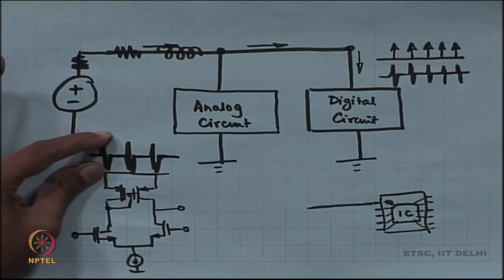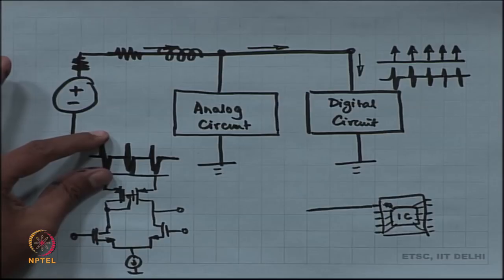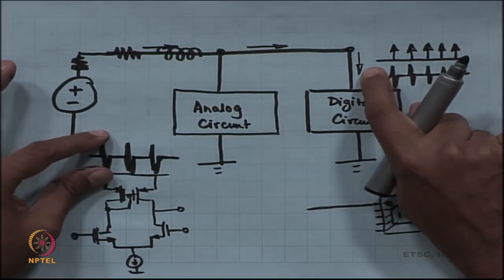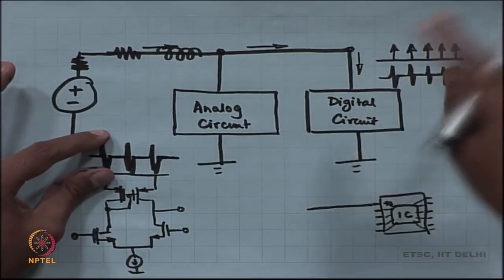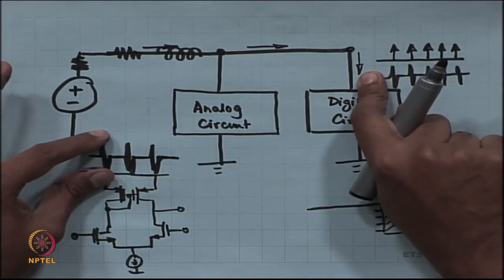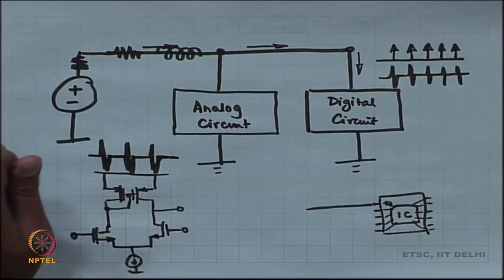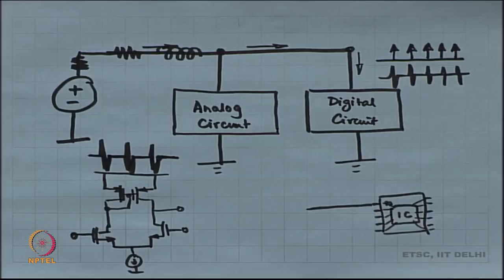So, the amplitude of this is going to be pretty large even when the current is small. This current might be of the order of some 100 microamperes, but this amplitude is going to be fairly large, because what matters is di by dt, not the current itself.